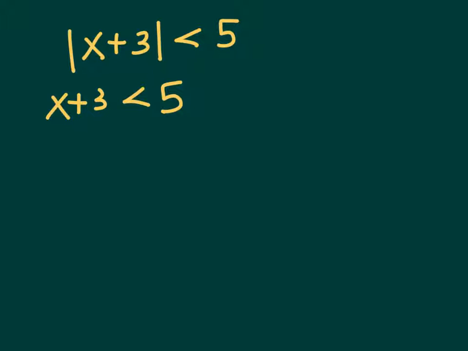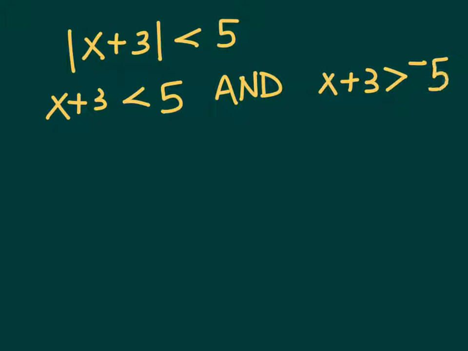It's a less than symbol, so it's and. x plus 3 is greater than negative 5. So here what we're doing is changing this sign, and we're changing the direction of the inequality. Notice that the expression inside does not change.